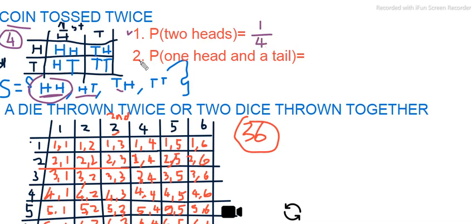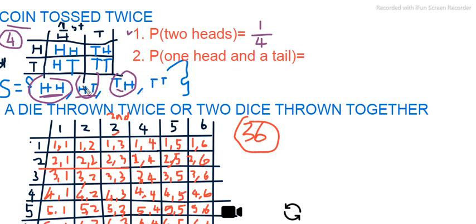The second one says 1 head and a tail. So from the sample space, we are looking for a head and a tail. So this is head tail, that is 1 head, 1 tail. This is tail head, 1 head, 1 tail. So this is also part, making 2. This one is tail tail.